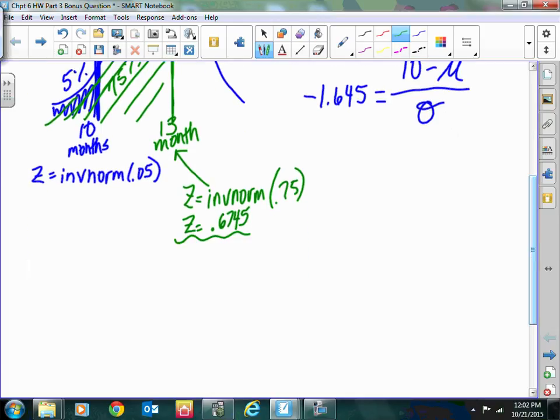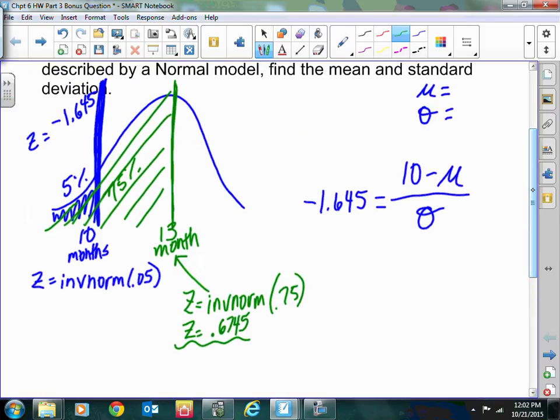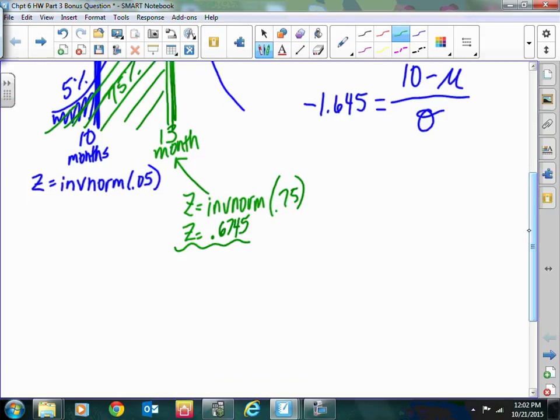Why does that sound familiar? Because the 75th percentile is quartile 3. Good. So we've seen that z-score somewhere before. But anyway, let me write that equation. So therefore, what would this equation for the new data look like?